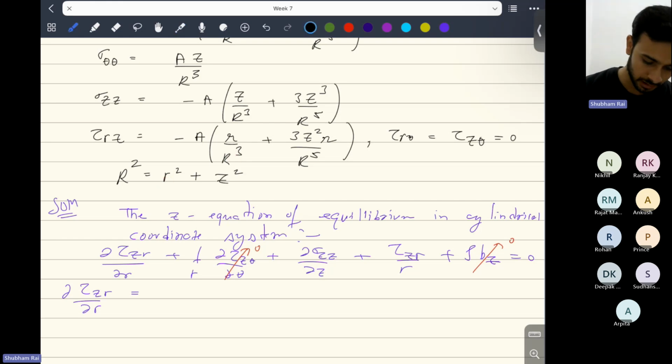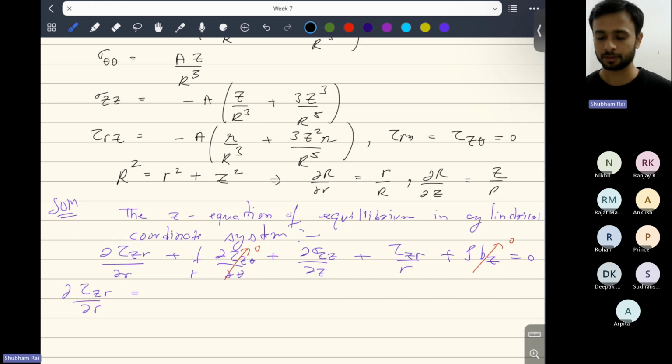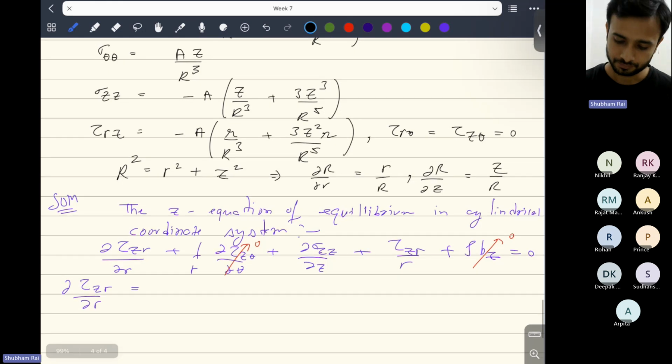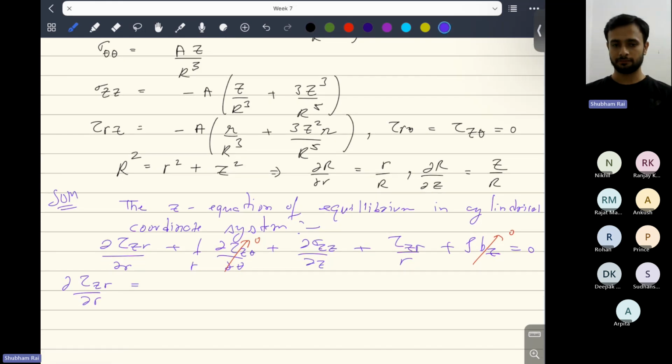So beforehand I want to find del of capital R by del small r, which is small r by capital R. And I also find del of capital R by del z, which is z by capital R. I use these partial differentials in my derivation.